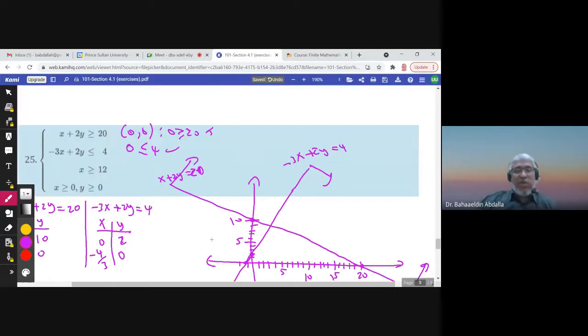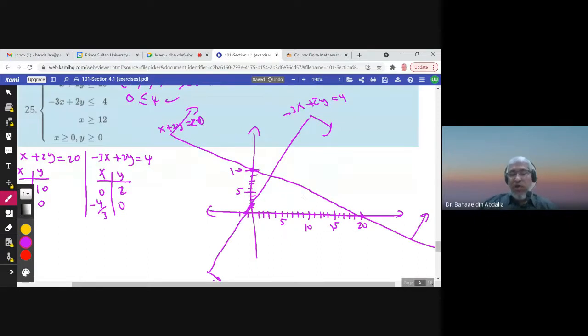And now let me check the line x equals 12. The line x equals 12 is this line. It's a vertical line. And x greater than or equal to 12, so I go to this side. So the graph is clear, the graph is here now.